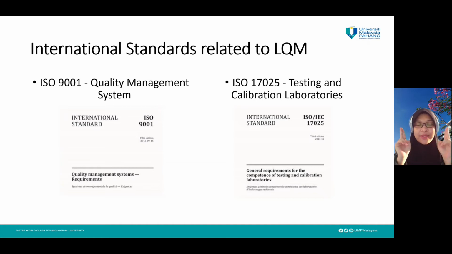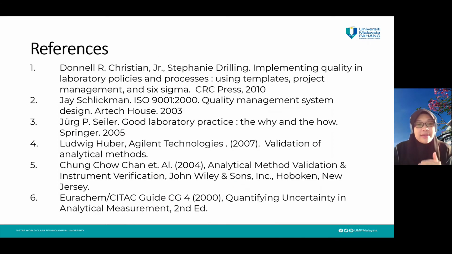Okay, so please remember that ISO 9001 can be used by all departments, but ISO 17025 only for testing and calibration lab. Okay. So these are the references that you can go through.